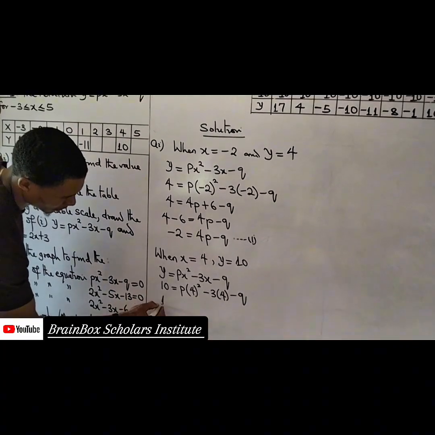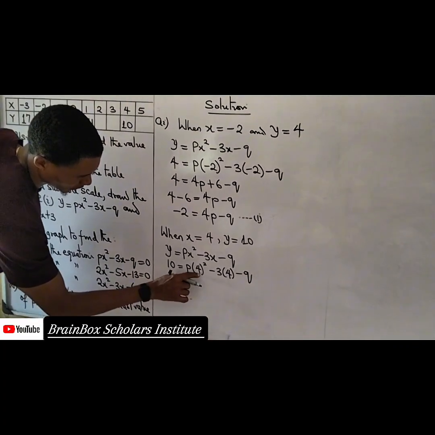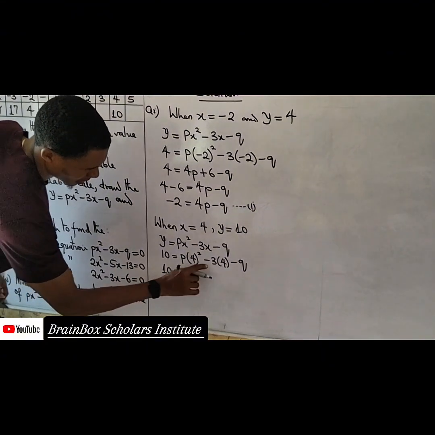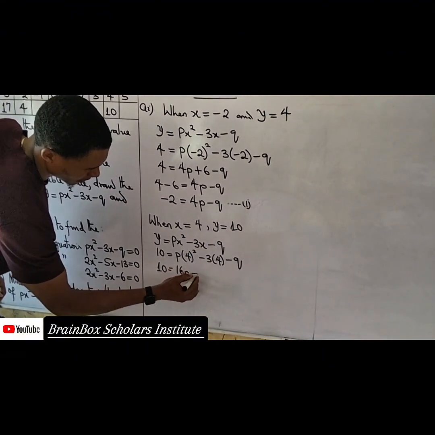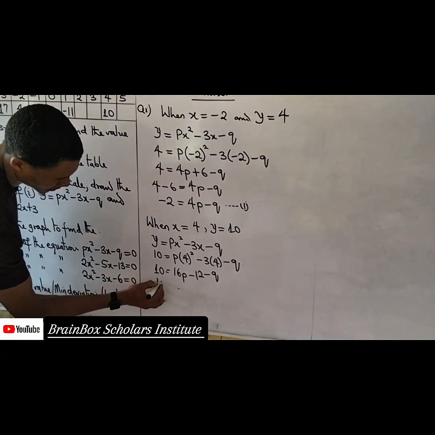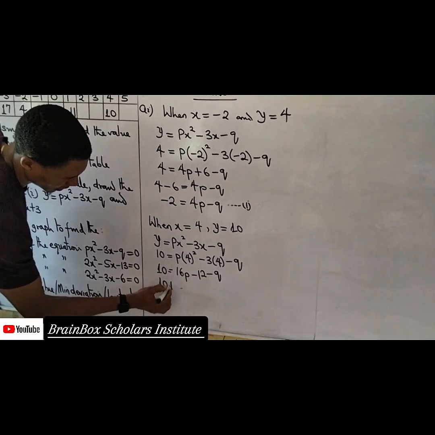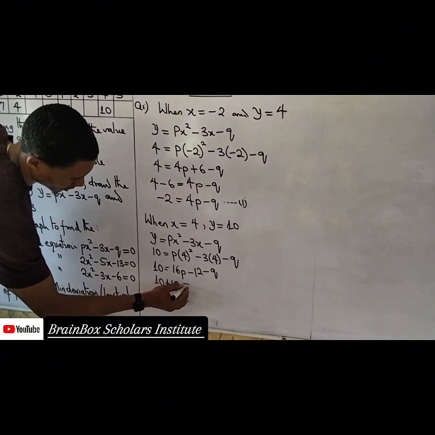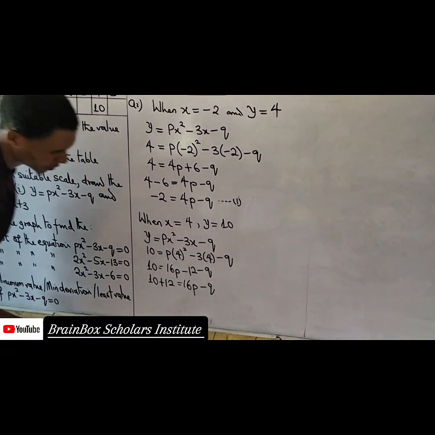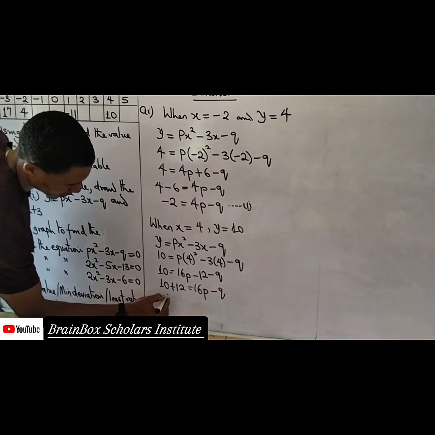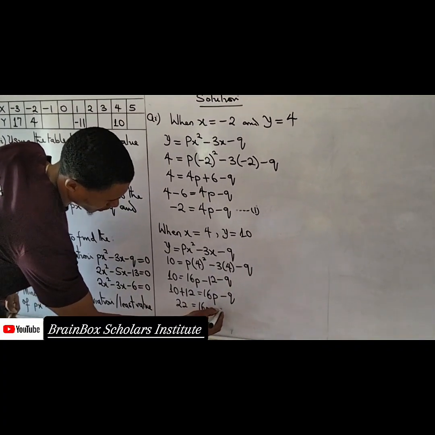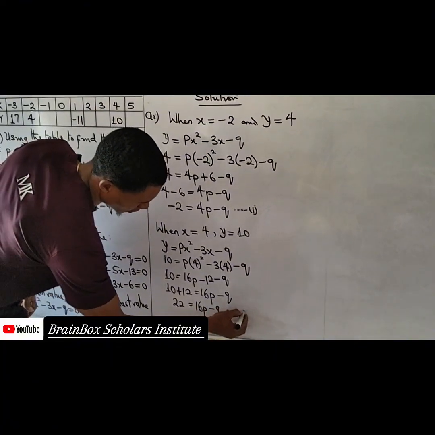Now I have 10 is equal to 4 squared is 16 times p, 16p. Minus 3 times 4 minus q. I'll collect terms. Then this crossover will become plus 12 equal to 16p minus q. Then this will give you 22 is equal to 16p minus q. That becomes equation 2.